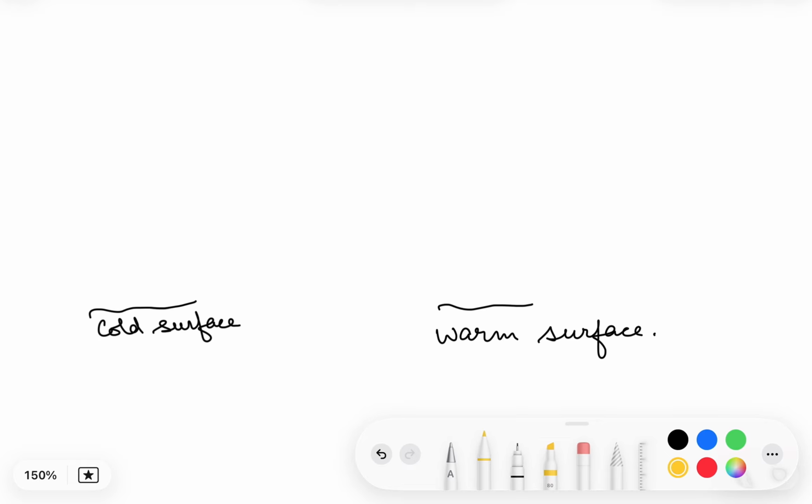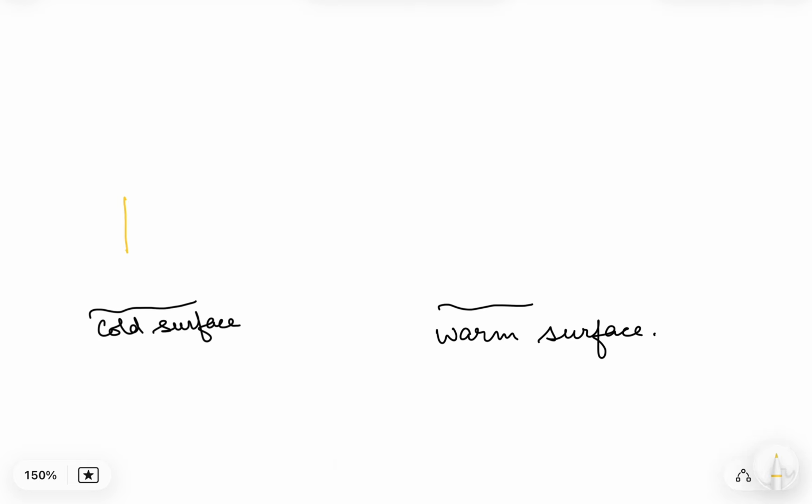Now we have a cold surface and another we have a warm surface. In case of the cold surface, we have an air mass, suppose this is the air parcel we have, and similarly we have one on the warmer surface.